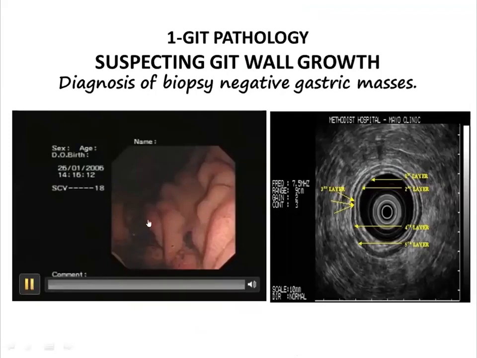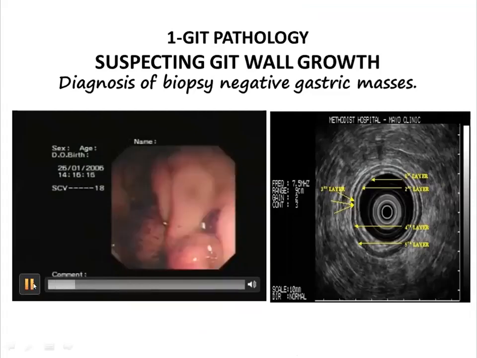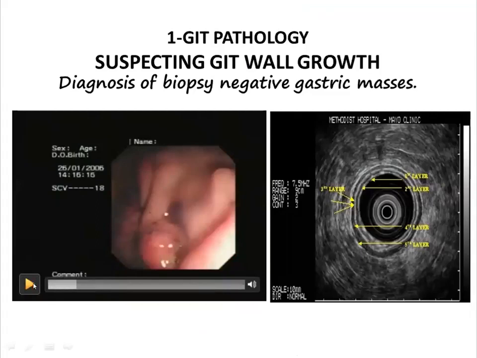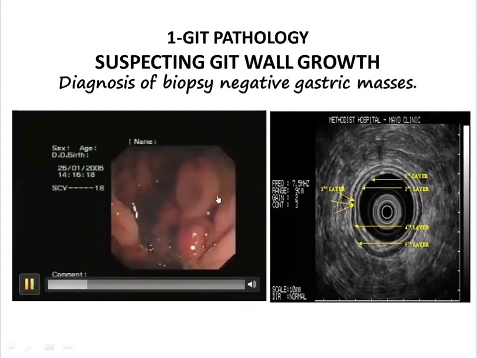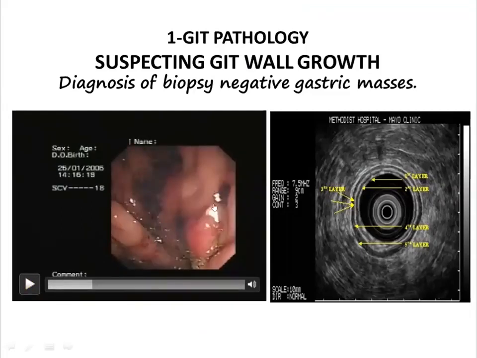Not uncommonly, we find this picture during upper endoscopy. Markedly thickened gastric folds in the gastric fundus and the body with nodulations. This picture is highly impressive of a malignant lesion like adenocarcinoma or lymphoma.